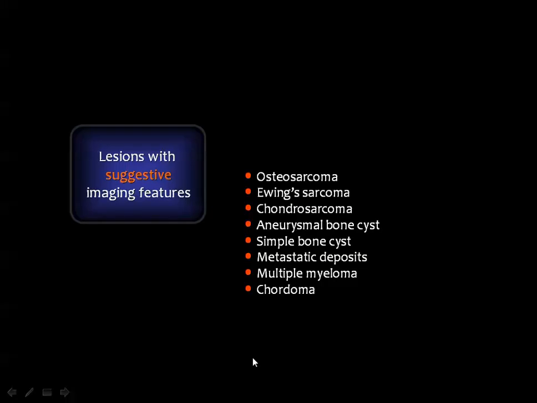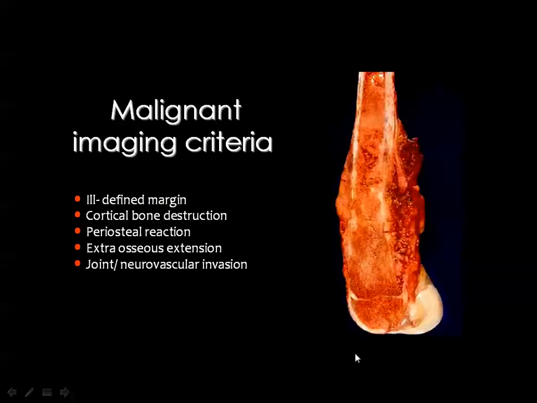And we came now to the second group, which includes lesions with suggestive imaging features. And these lesions include osteosarcoma, Ewing sarcoma, chondrosarcoma, aneurysmal bone cyst, simple bone cyst, metastatic deposits, multiple myeloma, and chordoma.